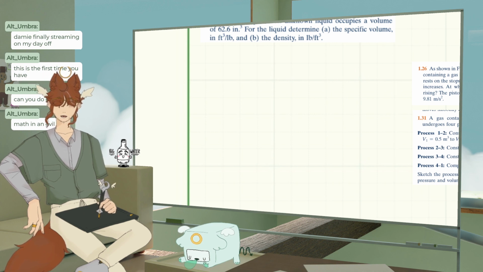Let's see. Lecture 0? Wait, that was the last one. Lecture 2. Nope, that's not it. Uh-oh. Did he not upload the next one? Oh, he did. Okay, good. Intensive properties.